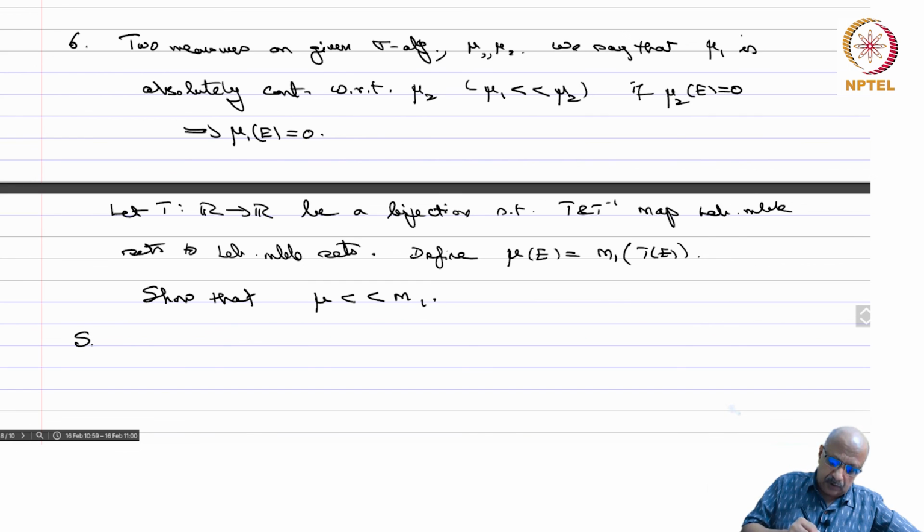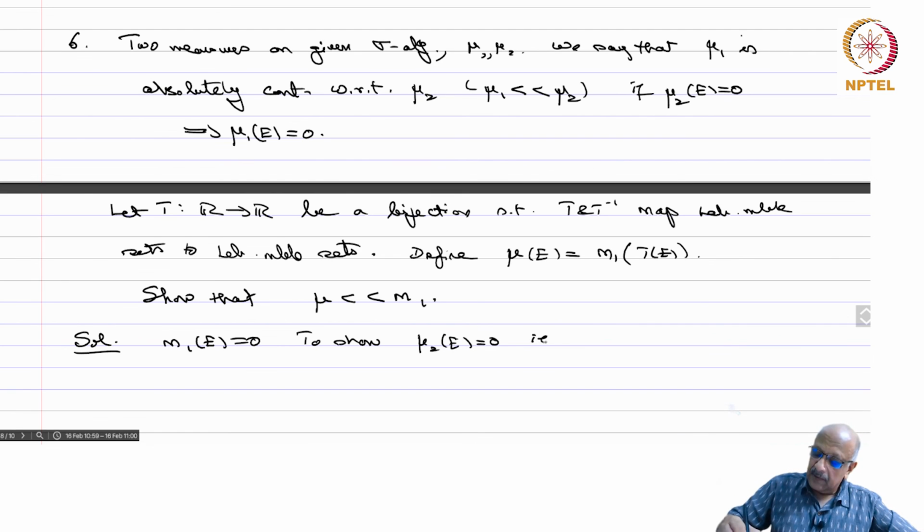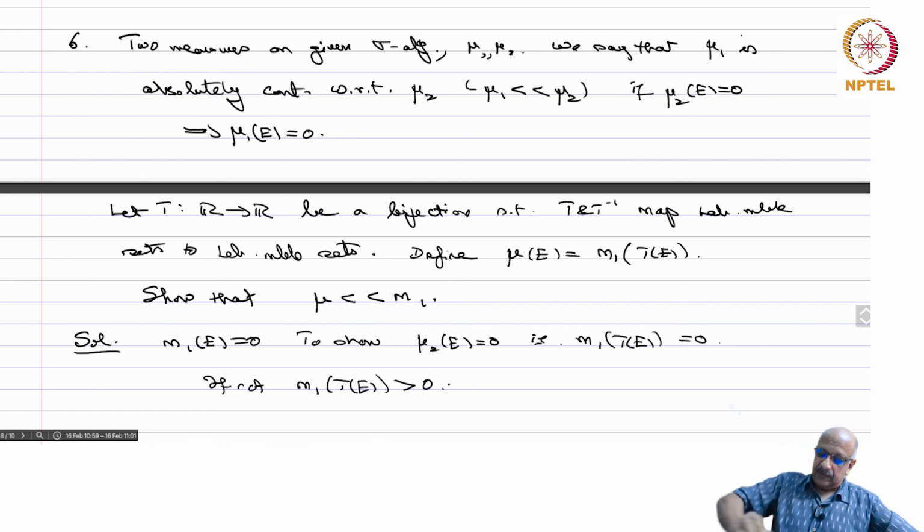So solution. M1 of E is 0. To show mu of E is 0, that is M1 of TE is 0. If not, M1 of TE will be strictly positive.